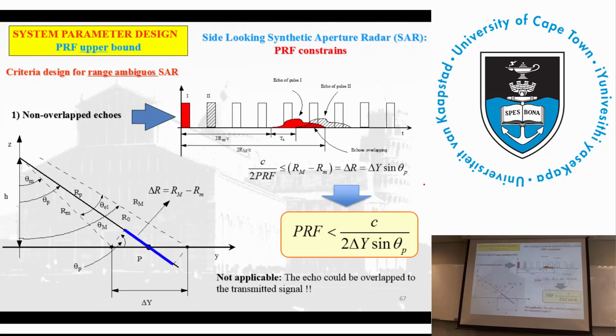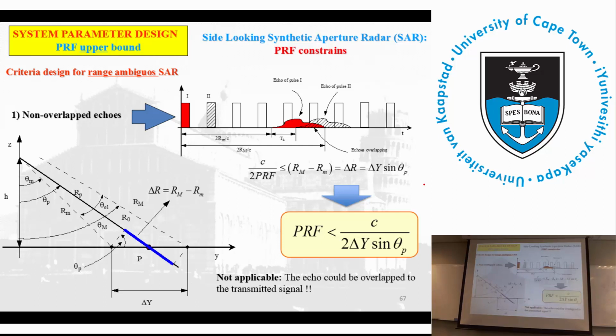This condition by itself is not enough. I can make sure that this doesn't happen by applying this formula here, which limits the PRF. But I also have to make sure that any of these echoes do not overlap with the position of a transmitted signal.